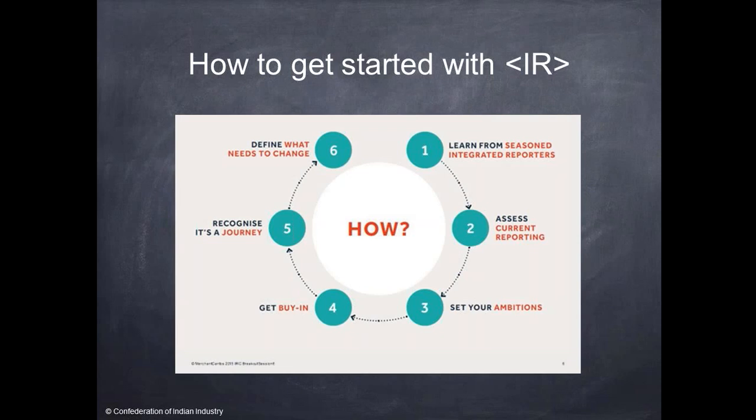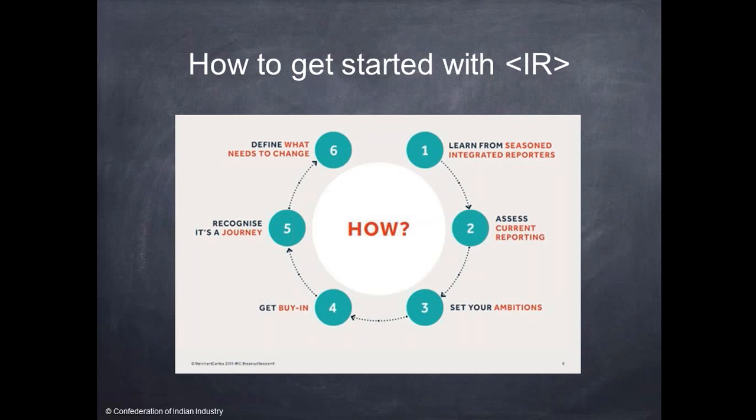The fourth step is get buy-in, which really is also, you could almost make it the number 0, or the precursor to everything. Somebody has to be the champion, and usually we recommend it has to be the board or the executive level, which has to be the champion of integrated reporting. The reason being, it's not an isolated finance or sustainability function. It's across the company, and it works best if you have a champion who can drive this across the company.